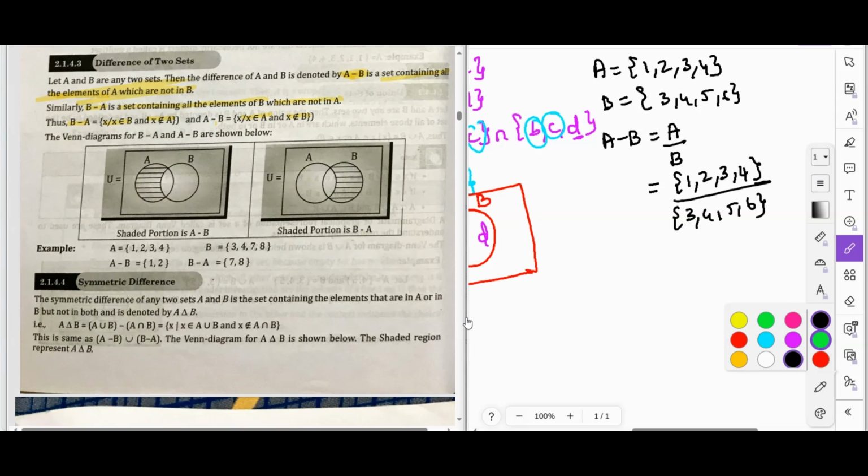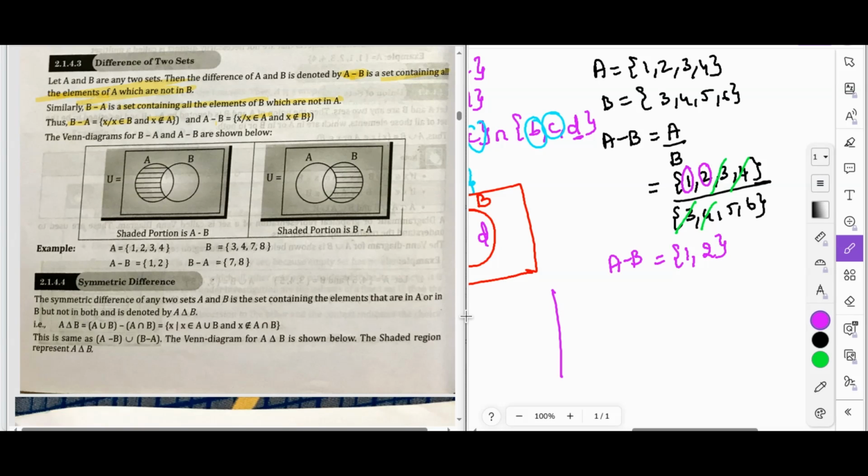Now cancel the like terms in both numerator and denominator. 3 is common, 4 is common. After cancelling, we take only the elements which are there in the numerator for our answer. That will be 1 comma 2. So A minus B will be 1 comma 2.